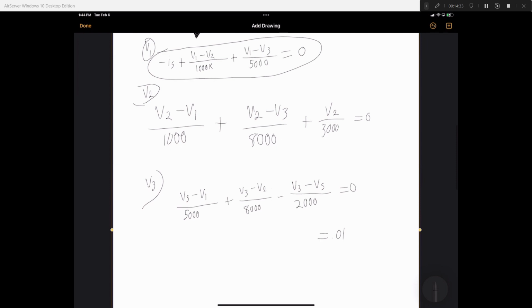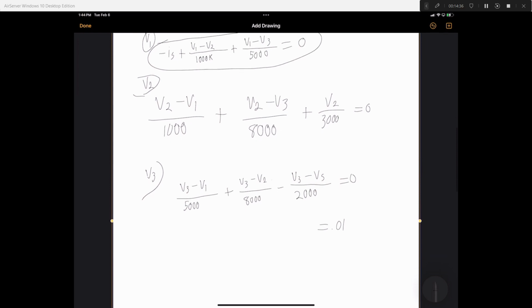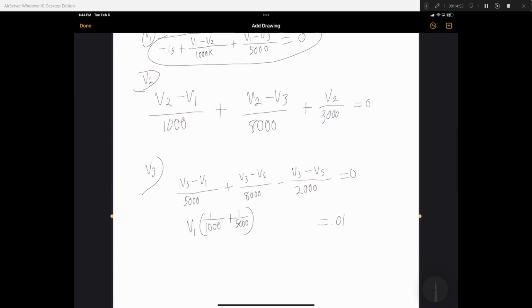We're going to separate all the variables, like v1, like a linear equation type of deal. 1 over 1,000, that's one of the v1 terms, and 1 plus 1 over 5,000. Plus v2, 1 over 1,000.